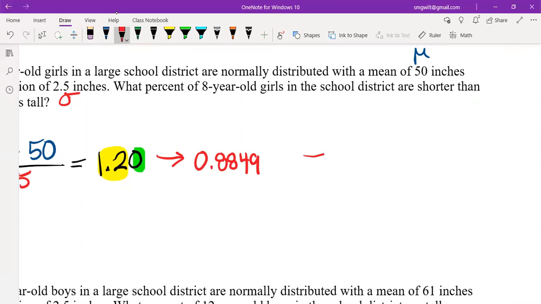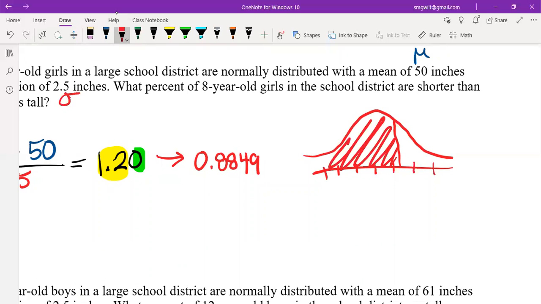Again, that's the area under the curve if she is at 1.2 standard deviations above the mean. That's giving us this area. We want to double check, does that represent people shorter than Ava? That's true, so our answer is just 88.49%.